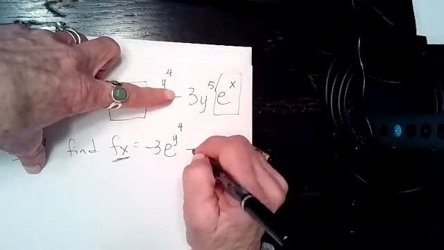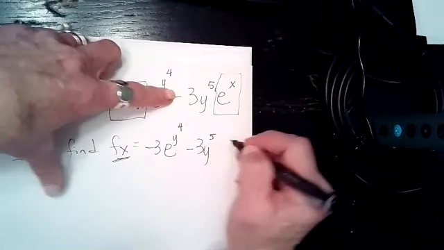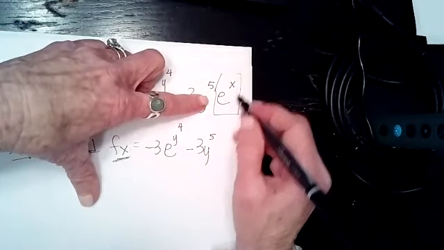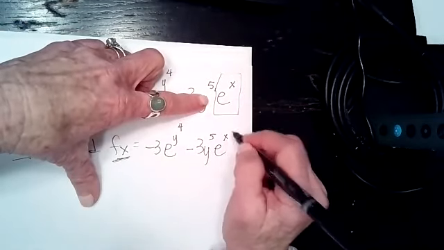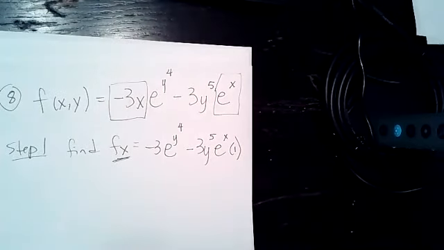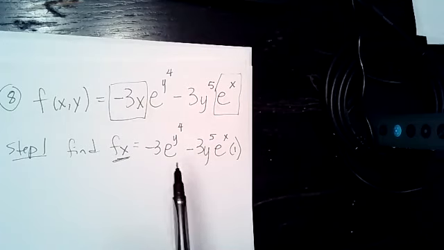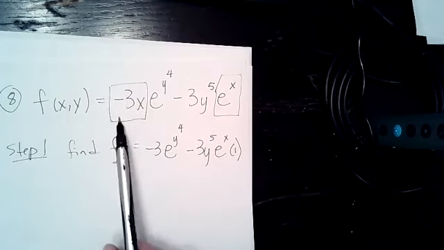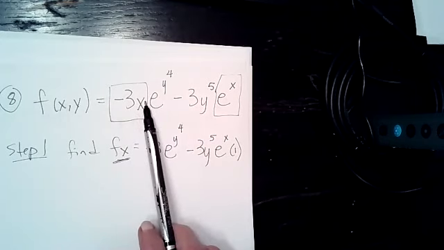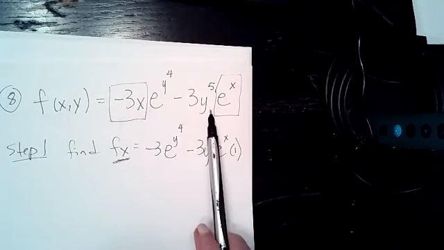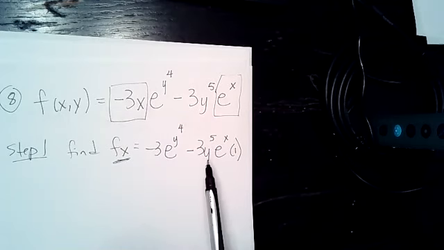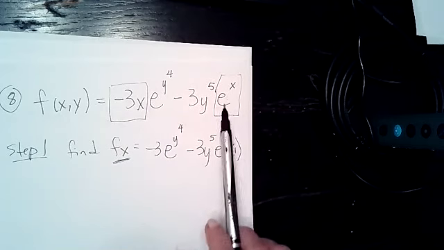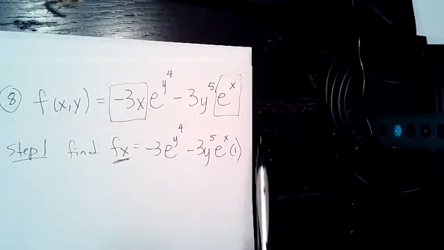All right, minus 3y to the fifth, that's my constant term, times the derivative of e to the x, which is e to the x times the derivative of x, which is 1. Okay, you don't have to put the 1. So let's recap. The derivative with respect to x: the derivative of the x term, negative 3, times the y term, just like it is, minus, I brought along the y term, just like it is, and I took the derivative of the x term. The derivative of e to the x is e to the x times the derivative of x, which is 1. Okay, all right, people usually get that one.